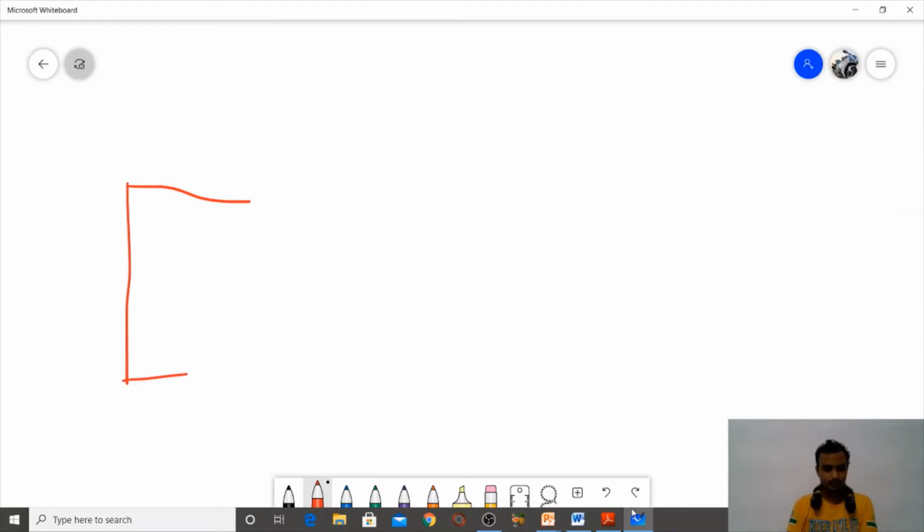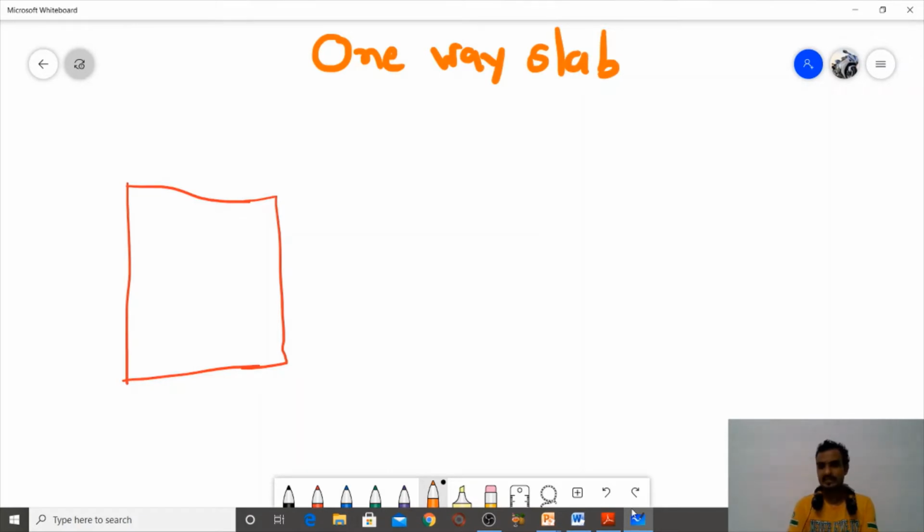So we have two types of slab. First is one-way slab. So here is a one-way slab. I am going to divide this slab into two parts. Here is the first slab and here is the second slab. So we have two slabs, and I am going to design this beam. Slab load is transferred to the beam.